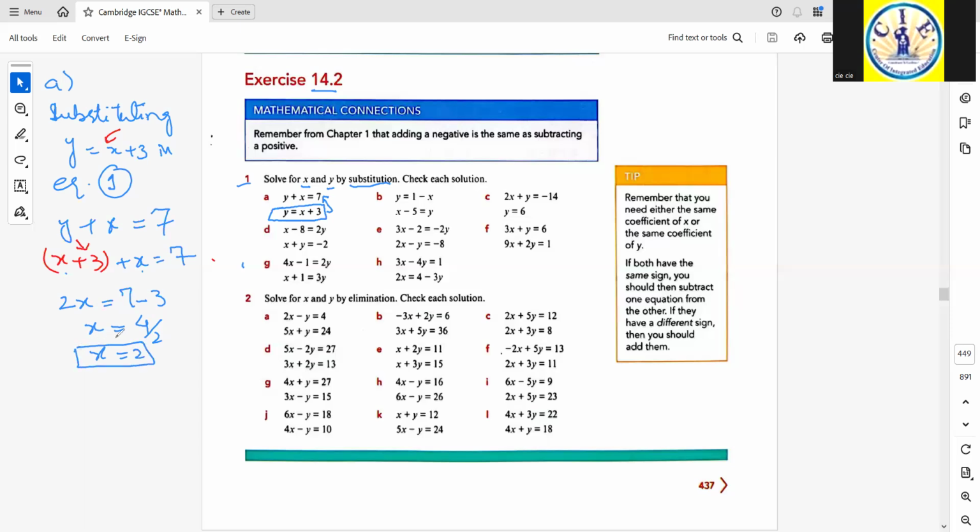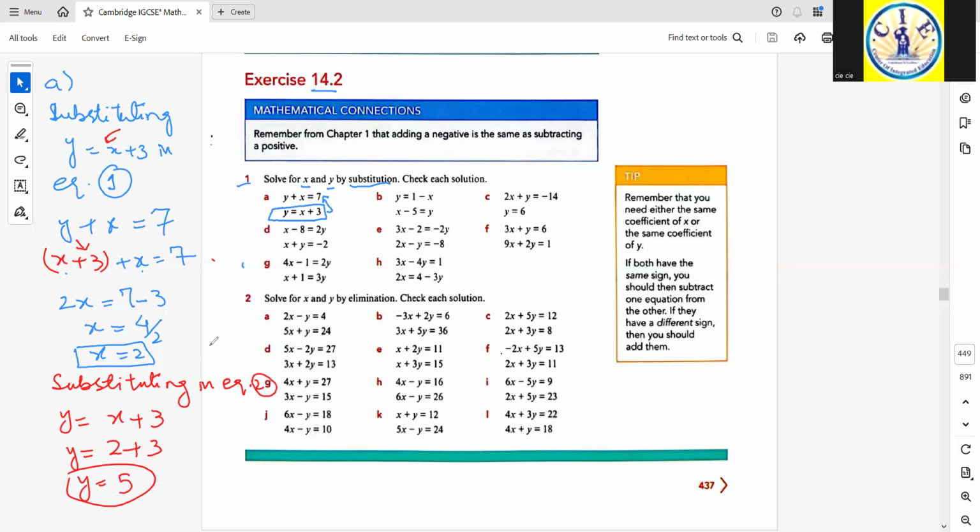Once we have got the value of one of the variables, we need to resubstitute this value into the other equation. So substituting in equation number 2, that is y is equal to x plus 3, that is 2 plus 3, y is equal to 5.